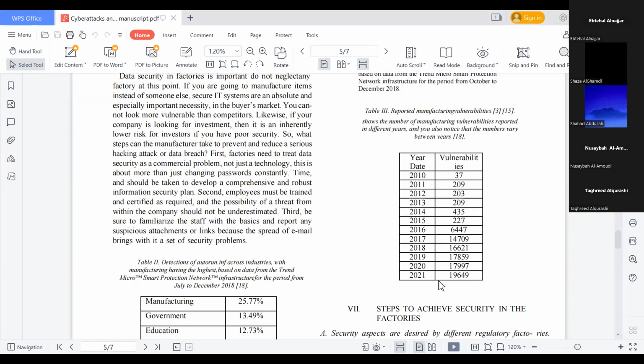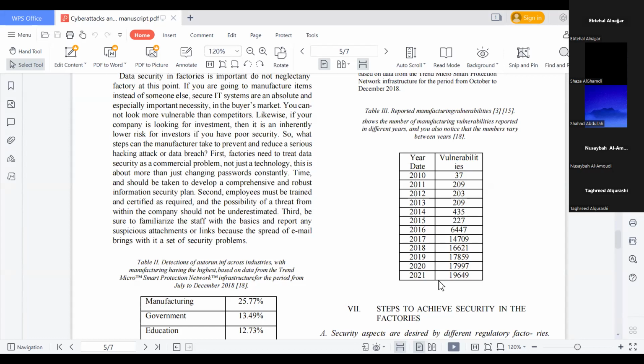One of the impacts of this was the pandemic; you can see during these two years the number increased, and there were many cyber attacks that happened, and manufacturing was one of those affected.